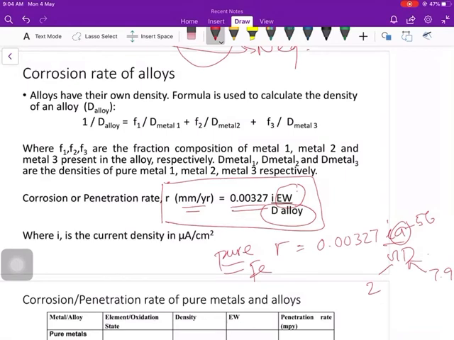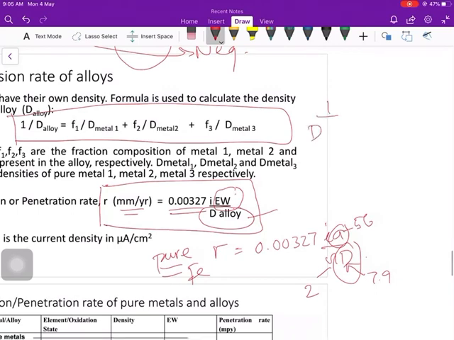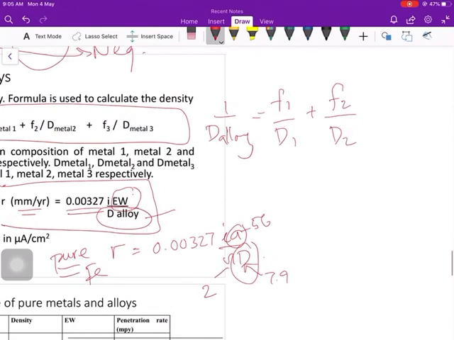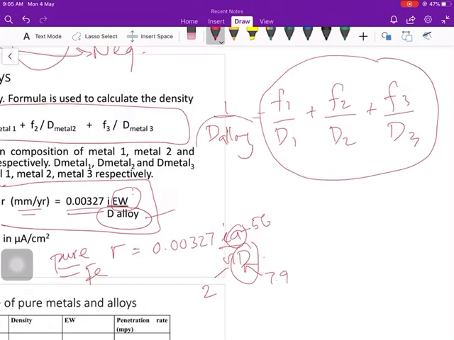Another parameter is the density of the alloy, which is not similar to the pure metal because you have added more elements into the alloy. So you have to calculate the density of the alloy using this equation. 1 over D alloy is the fraction of metal 1 over D1, plus the fraction of the second metal over its pure density value, and F3 over D3, for example.